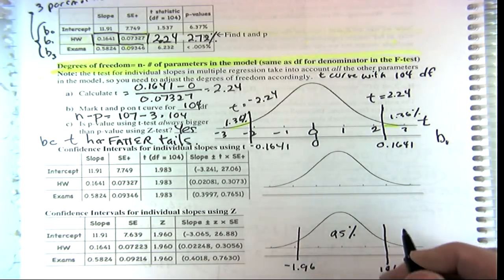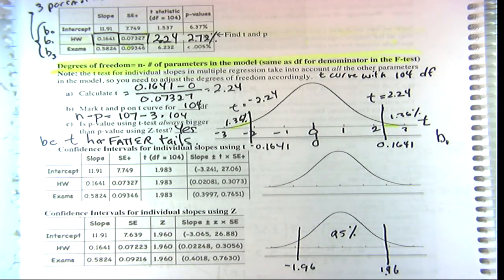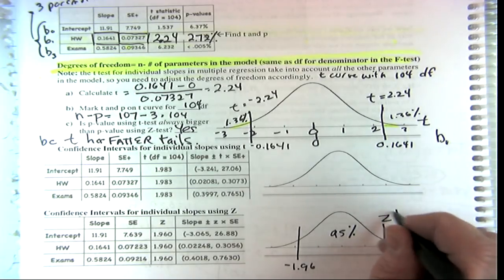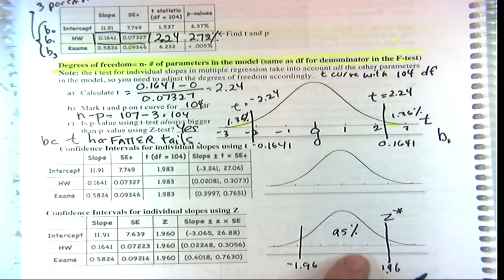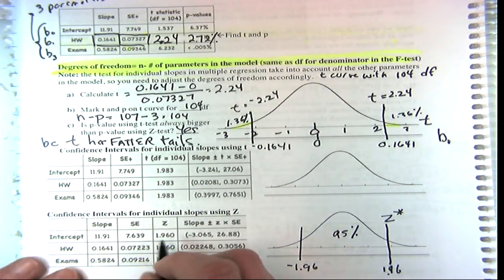And that's the critical value, z star. So we can say this is z star. And there's where you see it, right here.